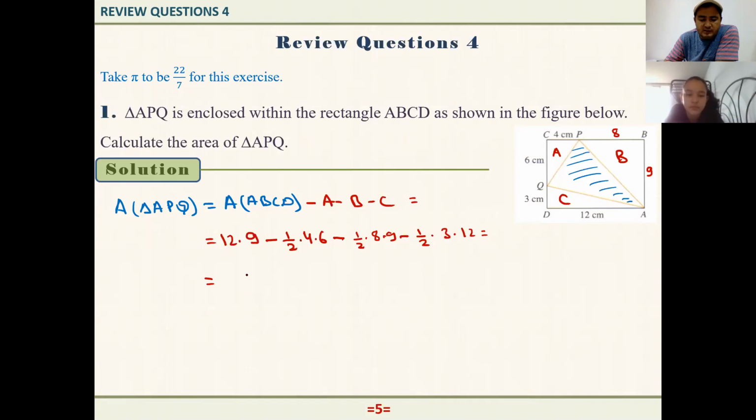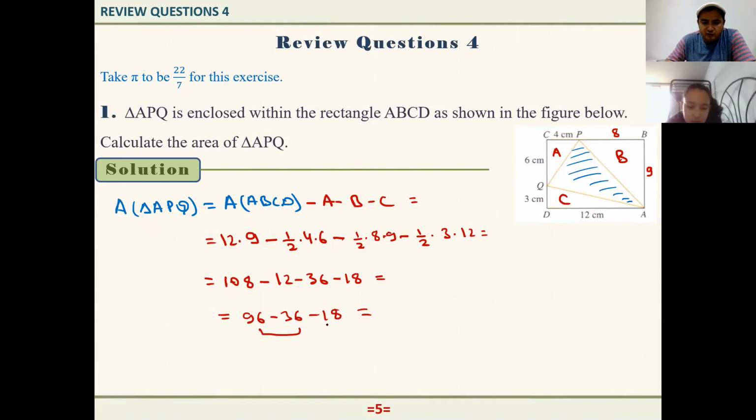So now if you simplify this, what is 12 times 9? 12 times 9 is 108. Minus half times 4, 2, 2 times 6, 12. Minus half times 8, 4, 4 times 9, 36. Minus 12 over 2, 6, 6 times 3, 18. So that's equal to 108 minus 12, it is 96, minus 36, minus 18.